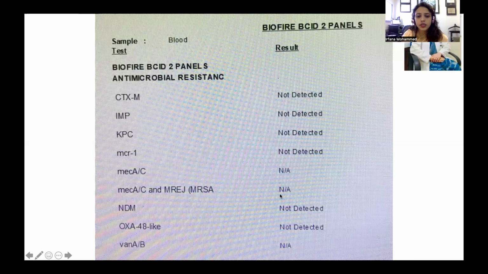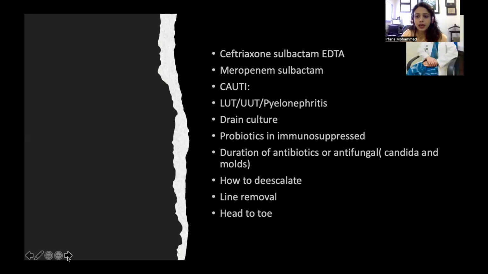So mecA not detected means there is no MRSA. NDM not detected. OXA-48 is also not detected. VanA, VanB is for vancomycin resistance. So you get this much genetic information also, so that you decide on the antibiotic. Then you can adjust depending upon the final blood culture report.